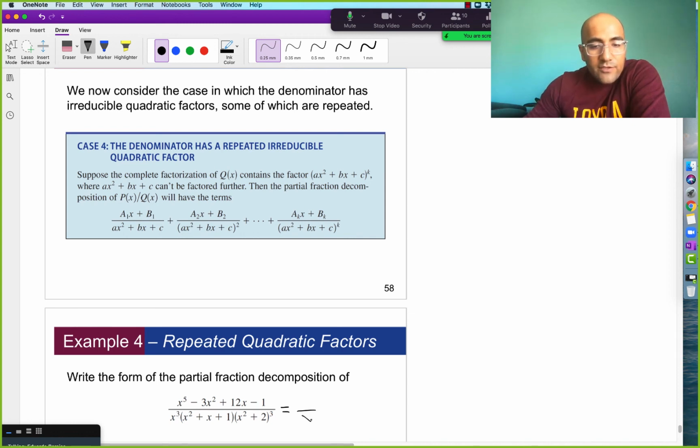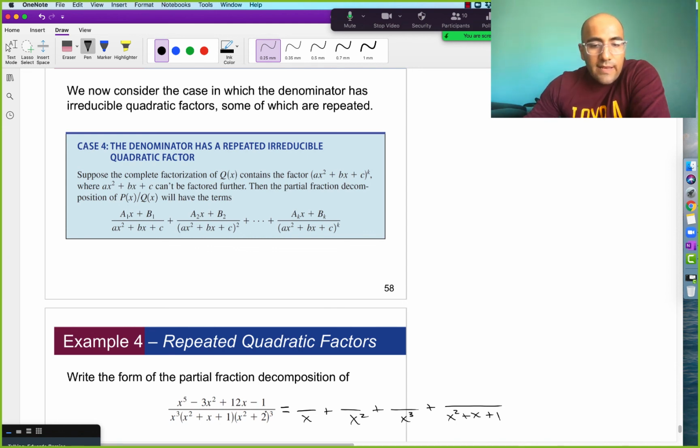So it's going to be a fraction with an x, plus a fraction with an x squared, plus a fraction with an x cubed. That's how we deal with these powers. Next, there's going to be a fraction with this quadratic that cannot be reduced any further.